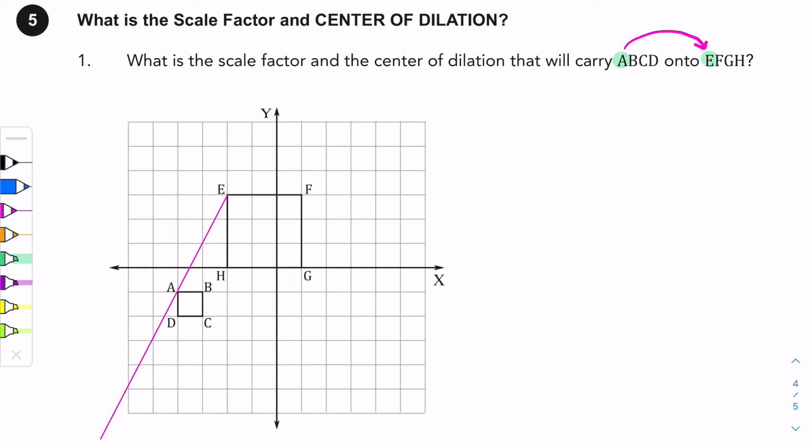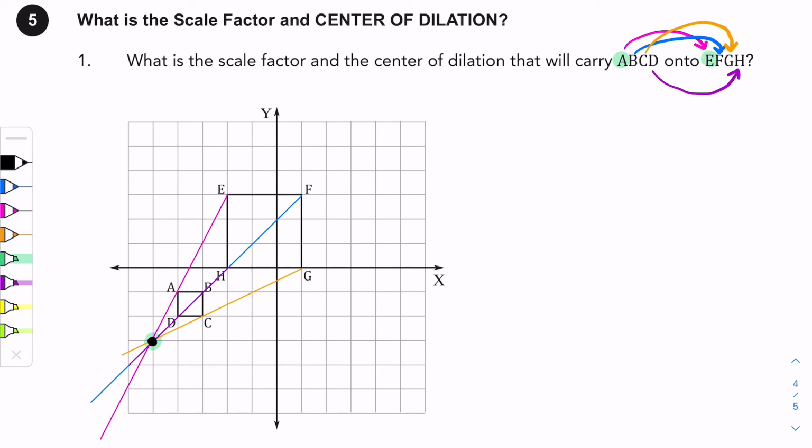So point A through E. Next, I'm going to look at point B and F. Next, let's look at C and G. And lastly, let's look at point D and H. So all of these points intersect at one location, and it's the location where I just put that green point, or right here.